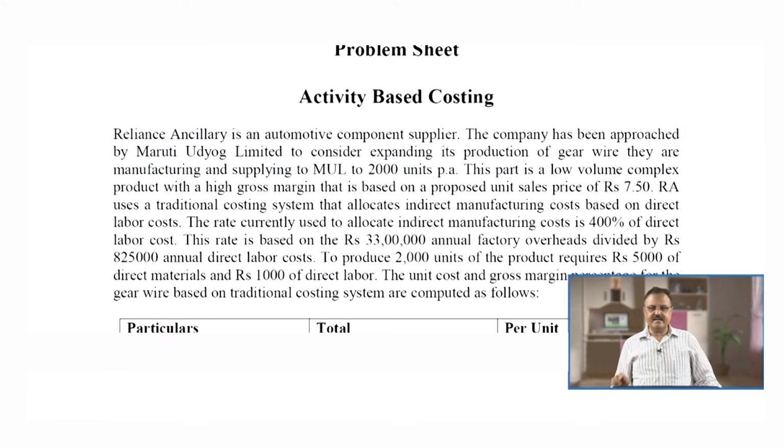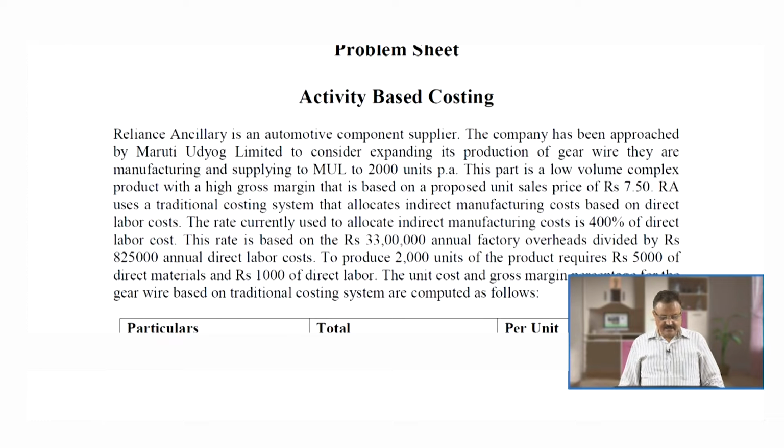If 1 rupee is the direct labor cost, then the overhead cost is 4 rupees. So, you can understand that the fixed cost and indirect cost are very high. So, the first requirement of implementing ABC in this firm is fulfilled: yes, they are manufacturing multiple products, so that diversity is there, and the fixed cost, the indirect cost part, is also very high.